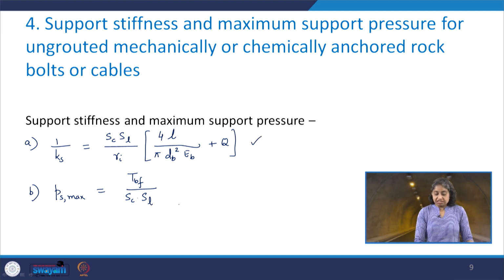So, using these two expressions, we can respectively find out the support stiffness and maximum support pressure in case of an ungrouted mechanically or chemically anchored rock bolts or the cable.